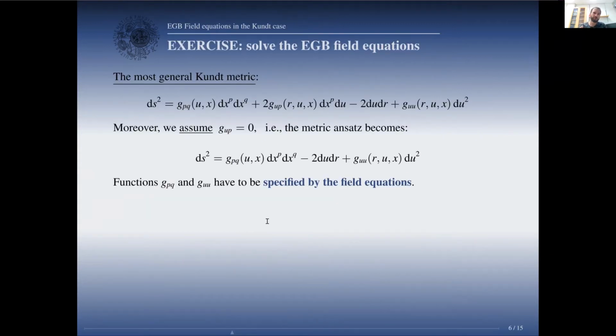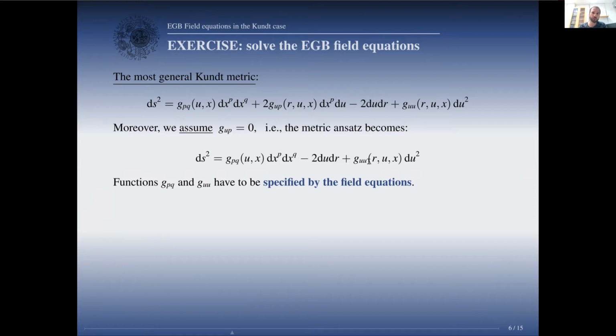Okay, so we have an exercise. We have the most general Kundt metric. We assume that these gyratonic terms, related with some specific matter fields, will be vanishing, because in fact we are only in the vacuum theory. So our metric ansatz is written here, and we have two unspecified metric functions: the transverse metric of the d minus 2-dimensional space and this function g_uu.